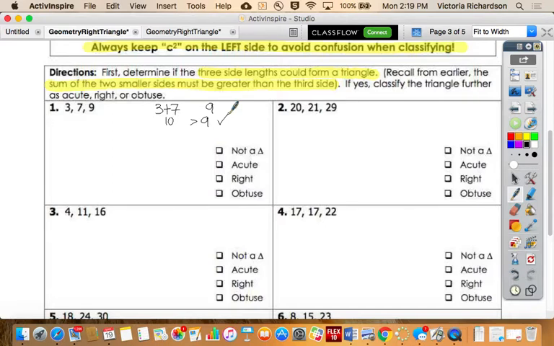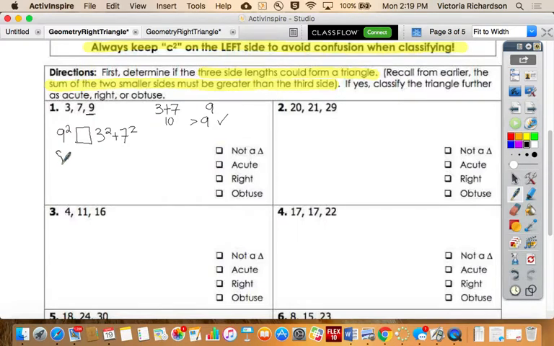So now we need to figure out the squares. So we're going to start with the largest number. That's always going to be my c squared. So that would be 9 squared. And then I'm going to compare that to 3 squared plus 7 squared, or the sum of the two smaller sides.